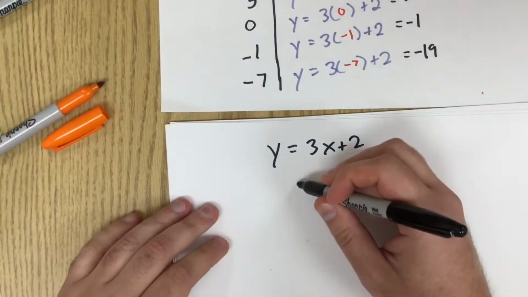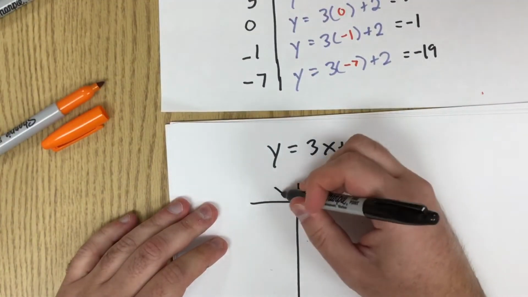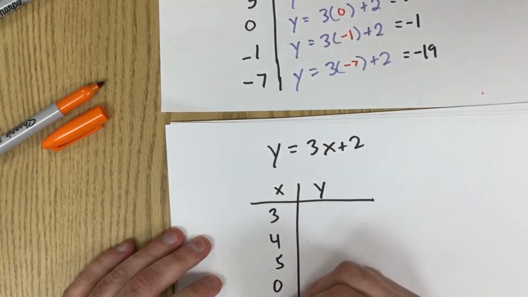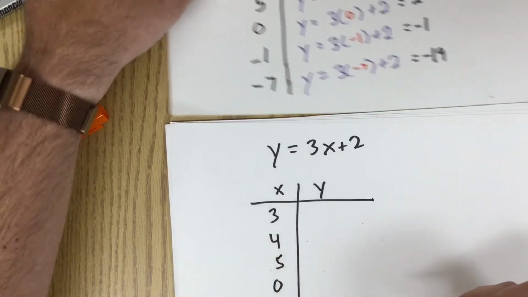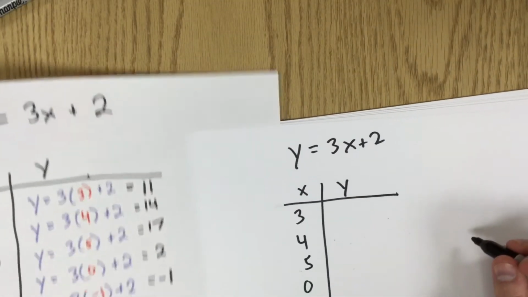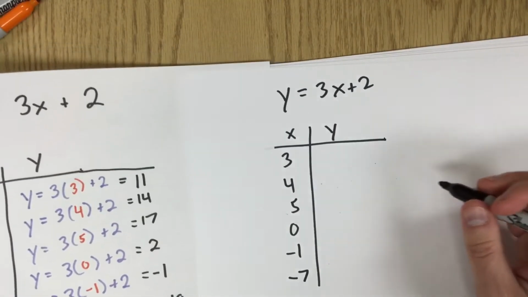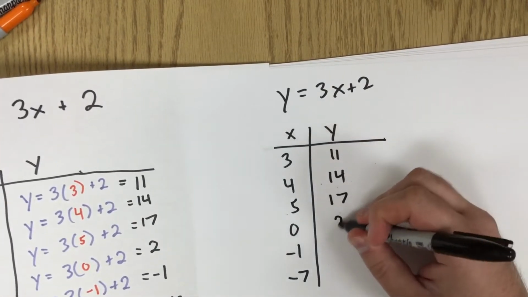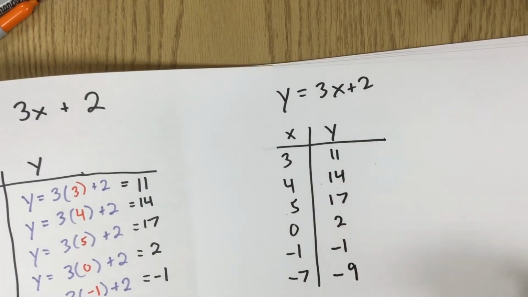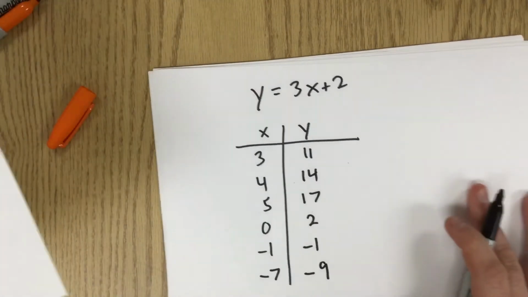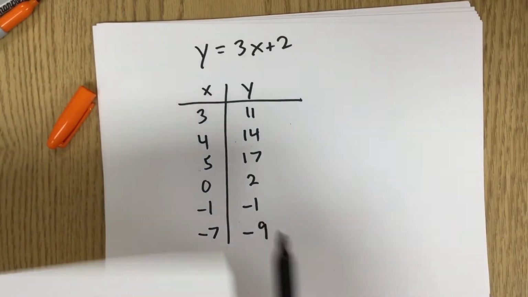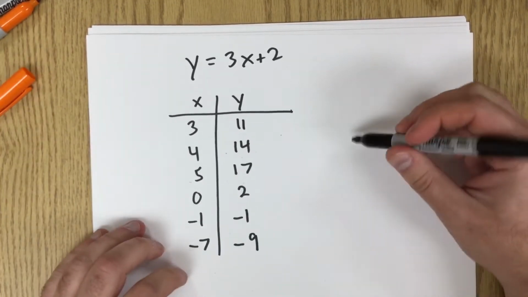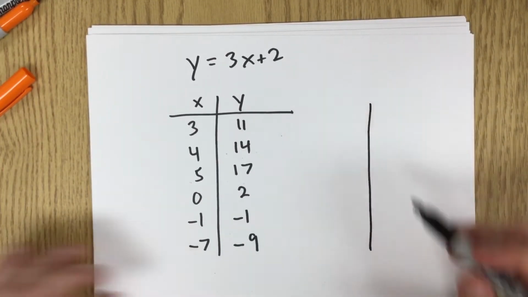A table of values for y equals 3x plus 2 for those x values would be 11, 14, 17, 2, -1, and -19. So here's a table of values. Now, why might we want a table of values? Because that would allow us to make a graph.